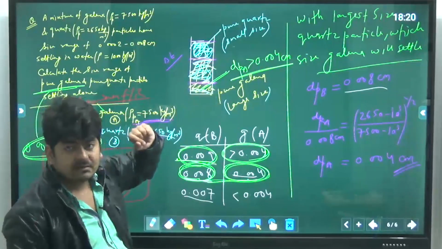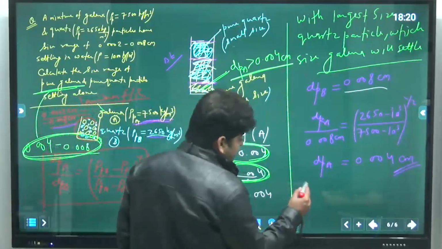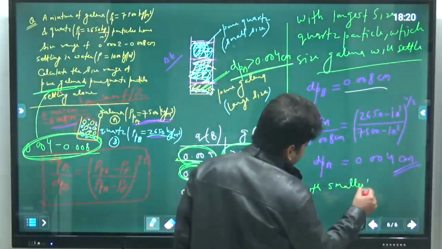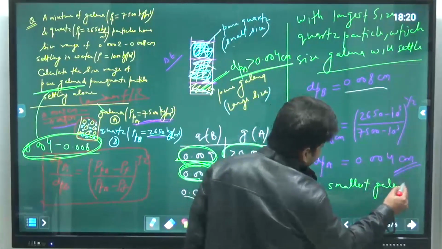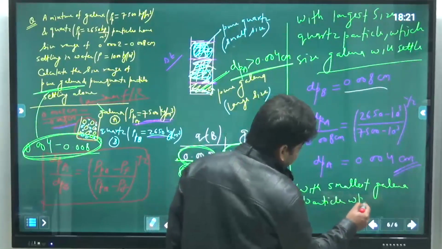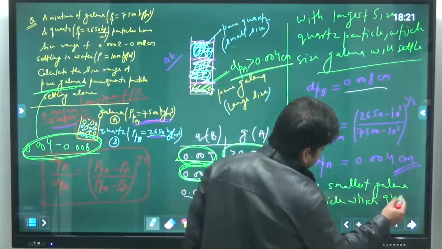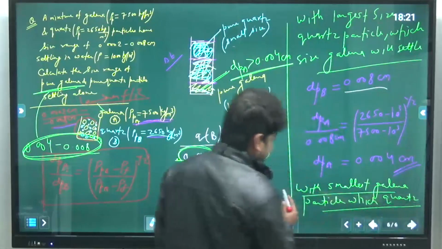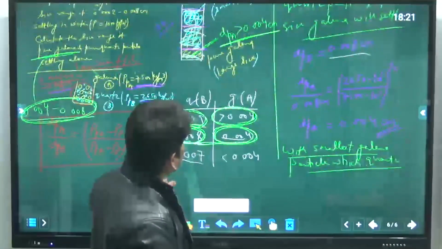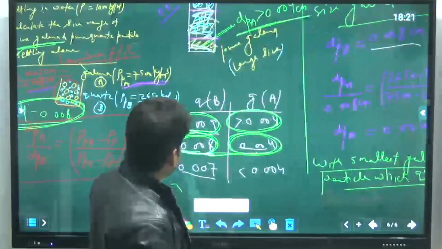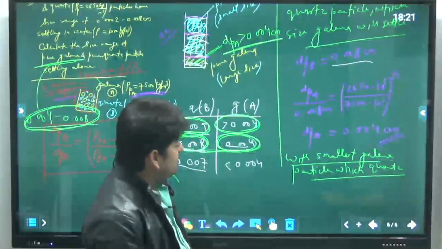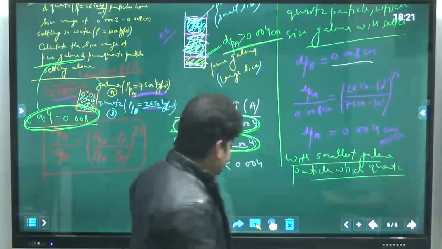So let's see, with the smallest galena particle, which quartz particle is settling?